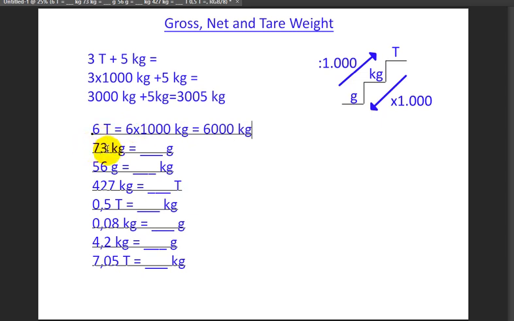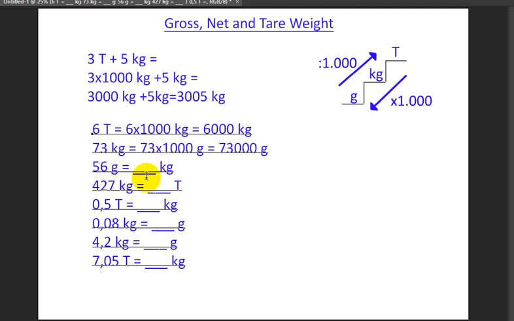Next up, we have 73 kilograms, and we want to take it to grams. Again, we're going one step down, so I multiply 73 by 1,000, which makes 73,000 grams.